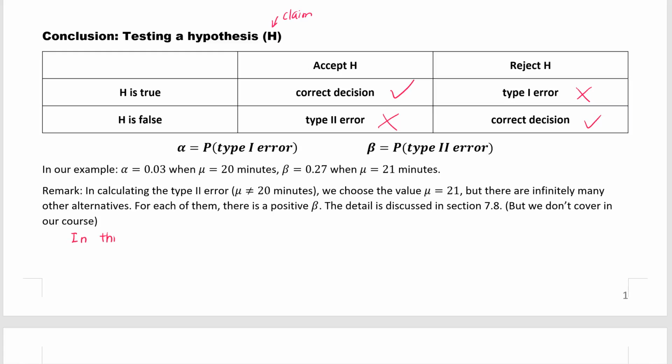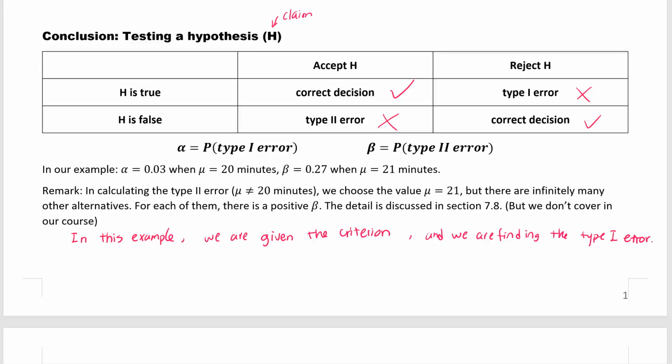Okay, so I also want to make some remarks. In this example, we are given the criterion, which is that we reject the claim if the sample mean exceeds 20.75, right? And we are finding the type 1 error or the type 2 error. From now on, we will focus on the type 1 error, which is alpha.